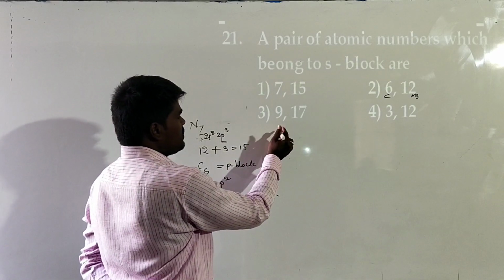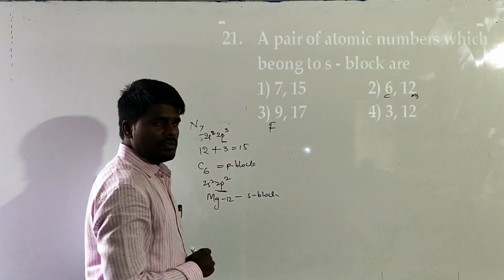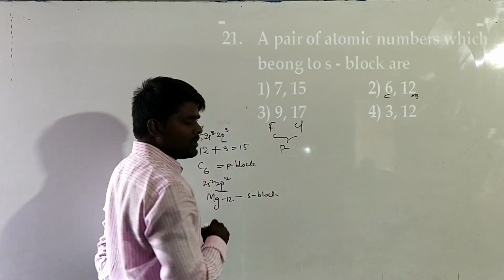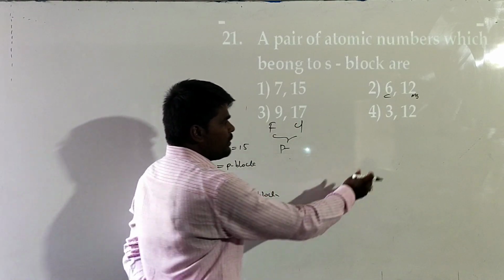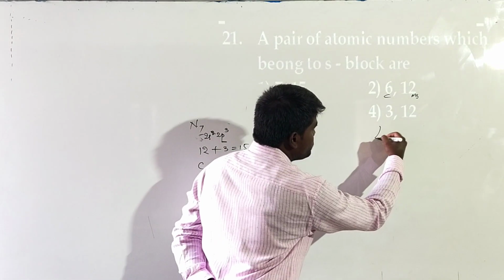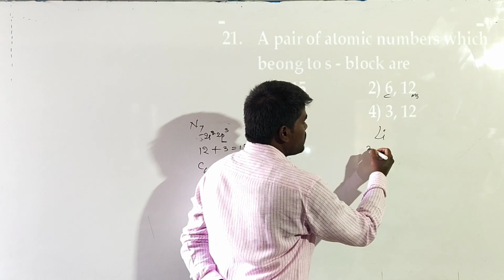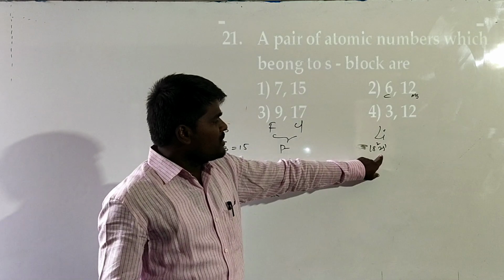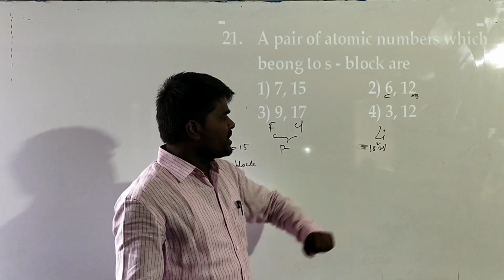If you look at this option, here 9 will be fluorine and 17 will be chlorine. These two also belong to the p block. And if you look at the fourth option, what is atomic number 3? That is lithium, which belongs to the s block. What is this? 1s2, 2s1. The valence electron or differentiating electron is present in the s orbital.